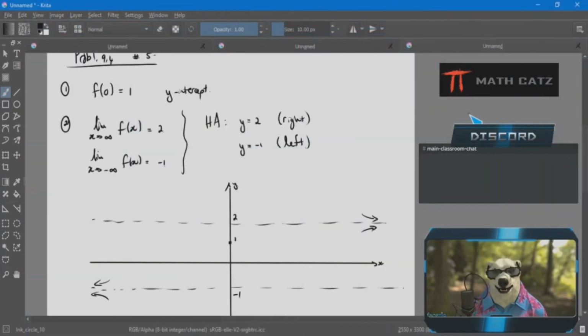So let's do that. At -1, let's put -1 over here. My y value is 0. Oh, it's an x-intercept. At 1, my y value is 0. Okay. At 2, my y value is 0.5.